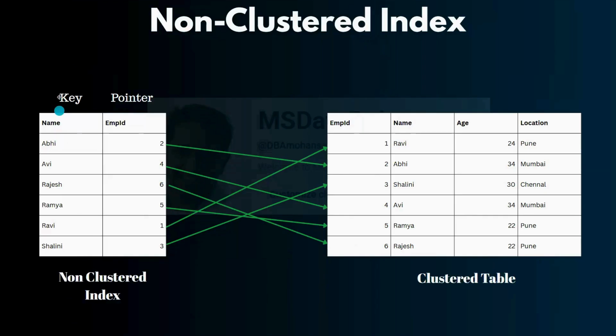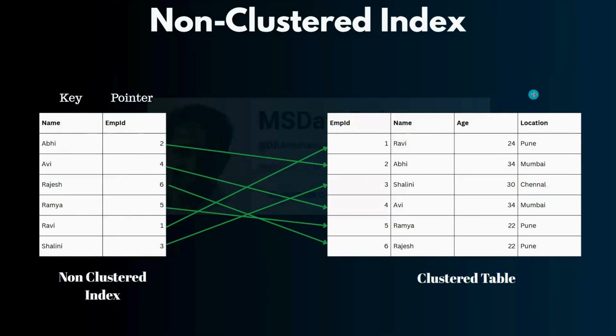In that page you will have the key, which is the name column, as well as the employee ID value, because the employee ID is the clustered key. So this will be the pointer. As soon as you search with a name, it will go and check the employee ID, that is the clustered key, which acts as a row locator, and it will find the value of that particular row. This is how a non-clustered index works.